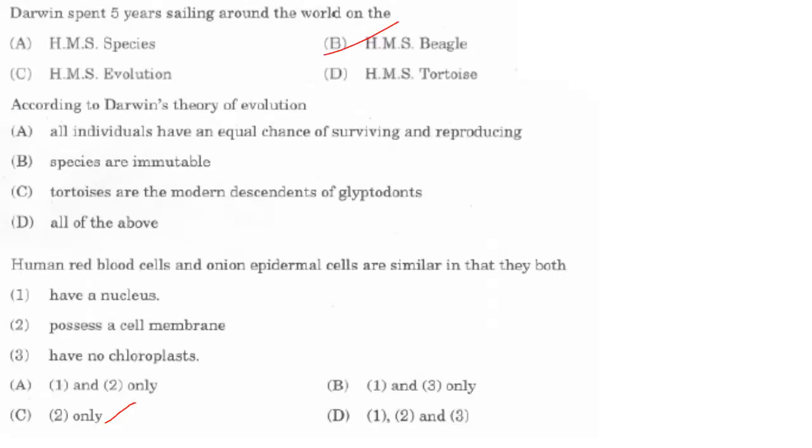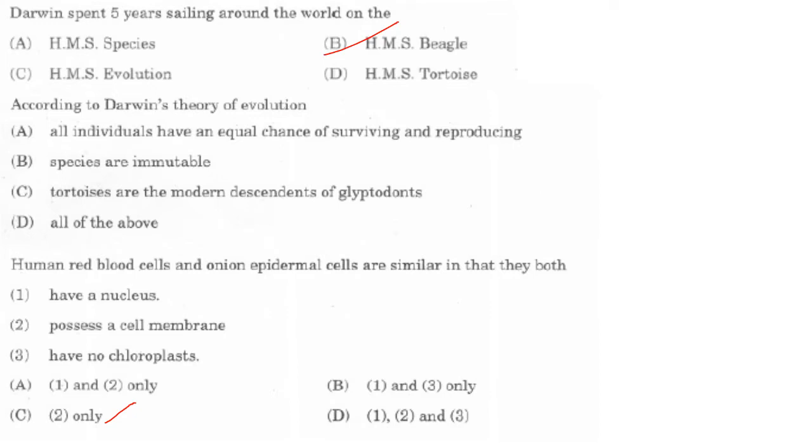Then next one. Darwin spent 5 years sailing around the world on which ship? HMS Beagle. Then according to Darwin's theory of evolution, all individuals have an equal chance of surviving and reproducing. It is based on the principle of natural selection, so A is wrong. Species are immutable.